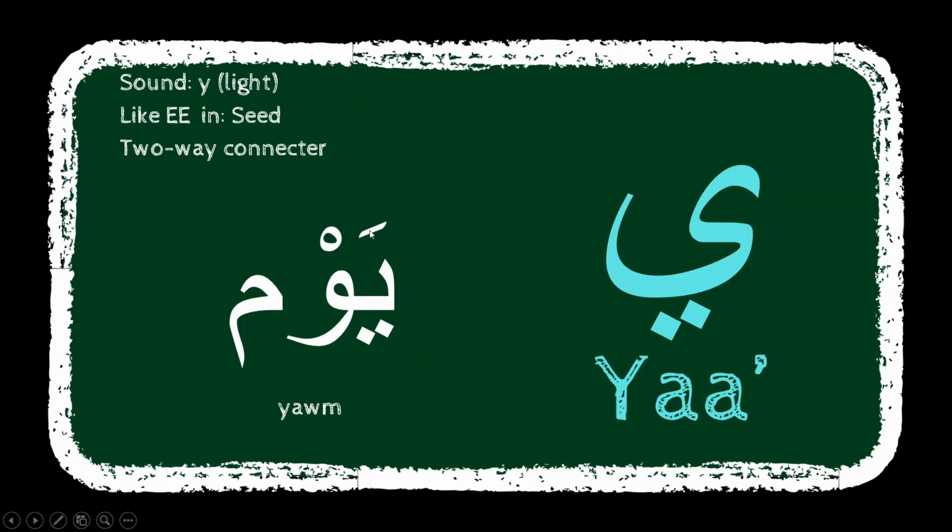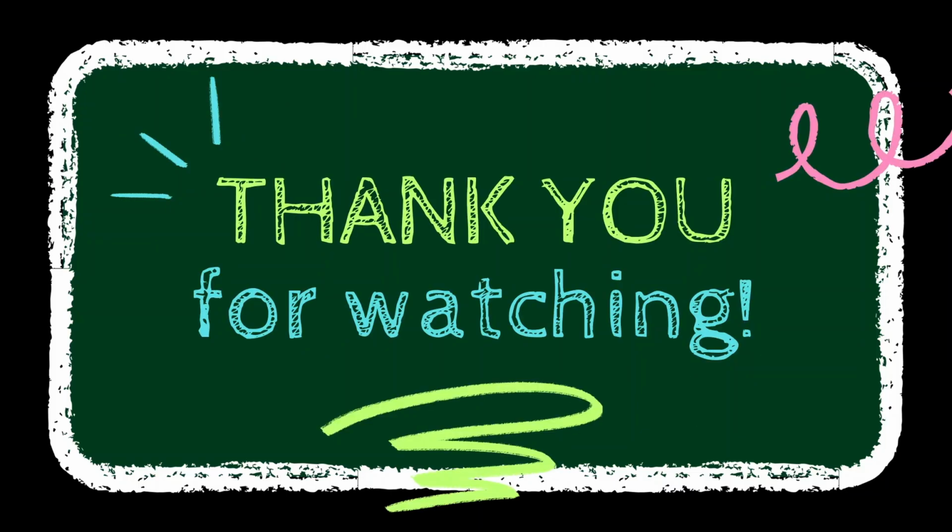Again, the pronunciation of these letters might sound slightly different depending on the short vowel on them. So this word is ya, yawm, which means a day. And that's it for today's video.